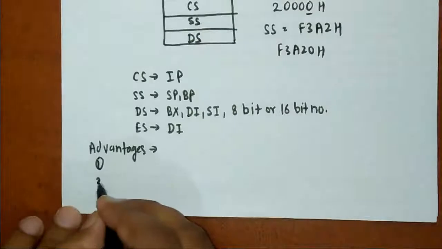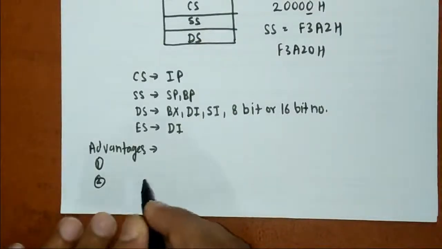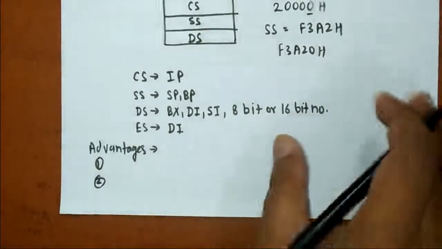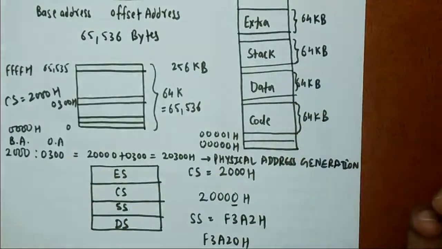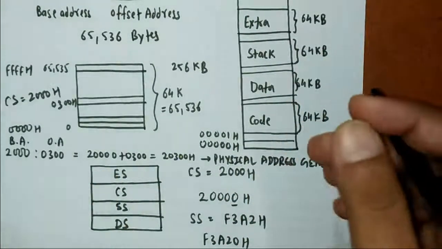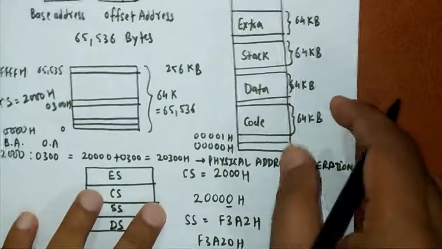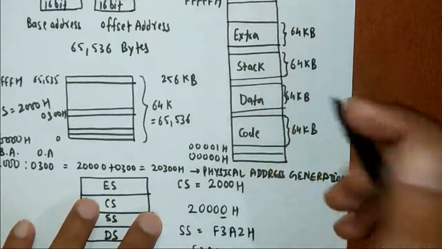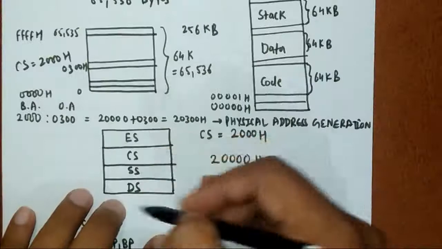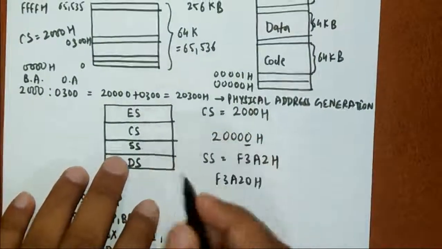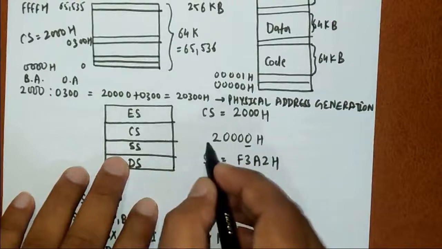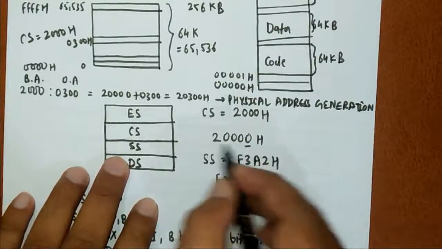The second thing is that we can easily relocate any program in the whole memory. You will see in our next programming section that whenever we write a program, we first describe different segments. If I have put some value in the code segment, that means my code will start from this particular memory location.